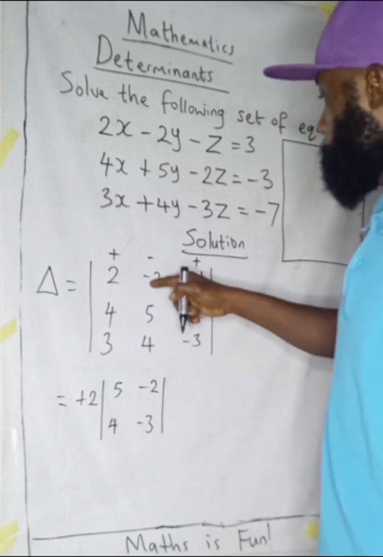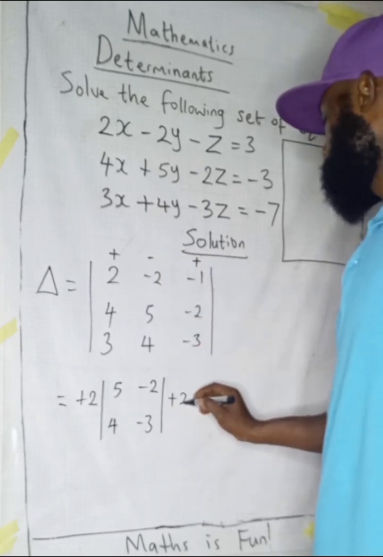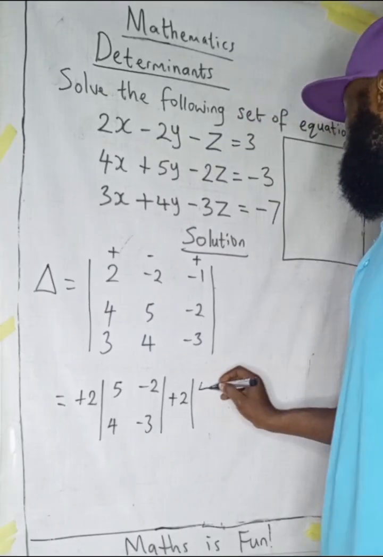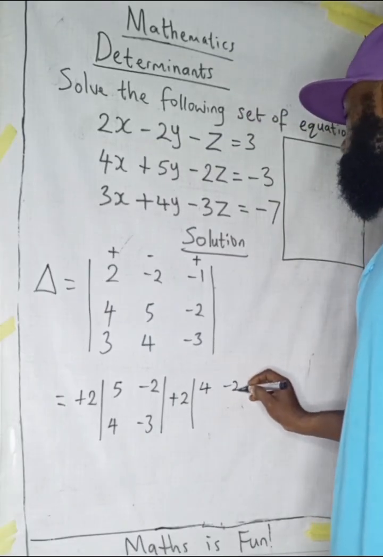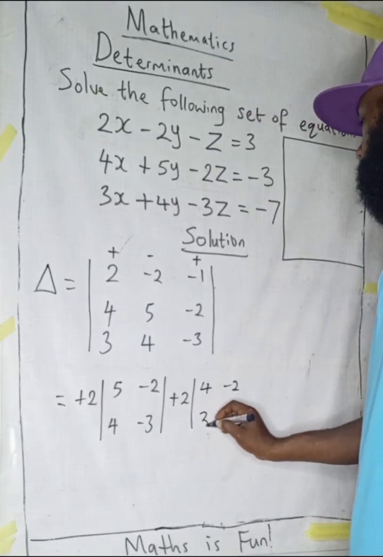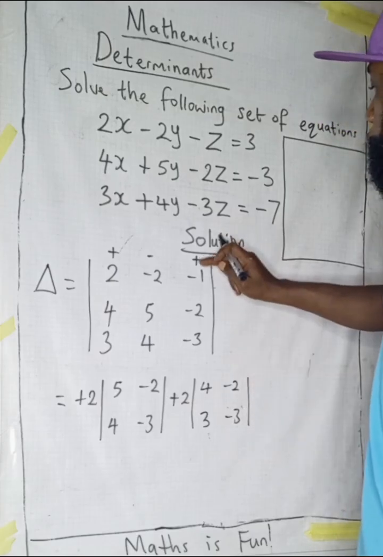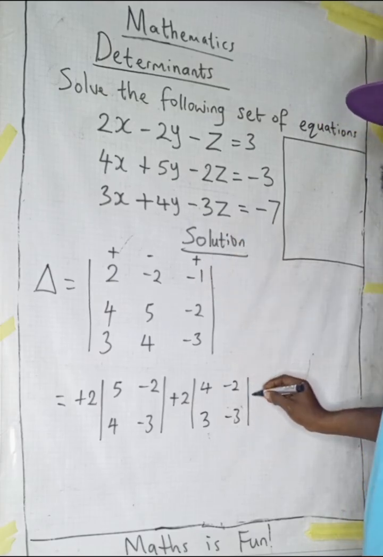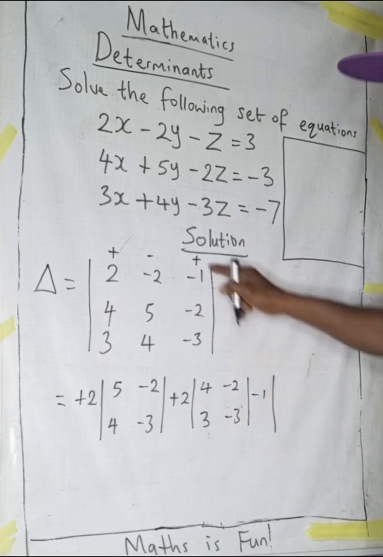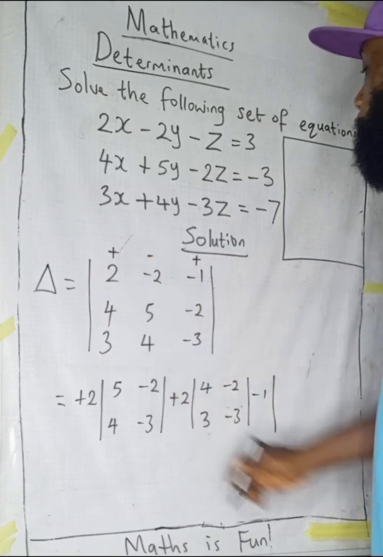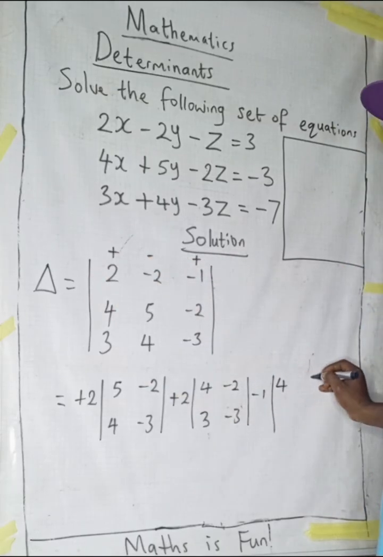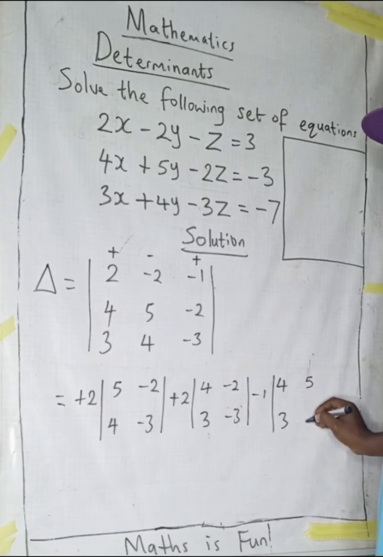Then minus 2, which is simply plus 2. So we have 4, minus 2, 3, minus 3. Then we have plus minus 1, which is minus 1. Ignore the column here, ignore the row here. 4, 5, 3, 4.